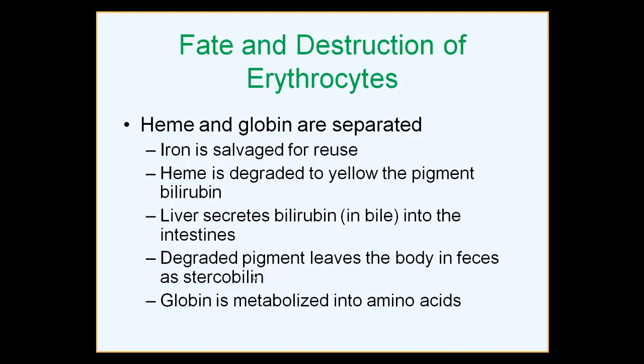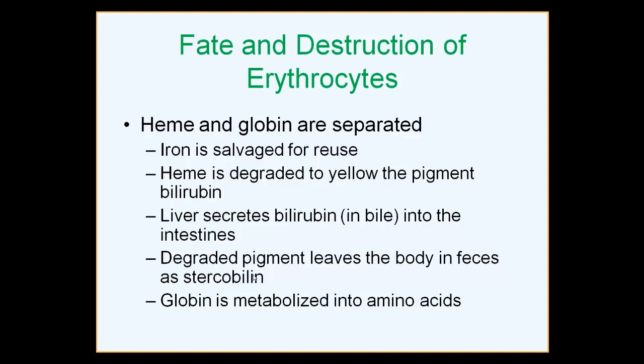We can't allow iron to roam around again, so we salvage it for reuse. We take the heme, which will be degraded to make a yellow pigment. It is immediately taken up to make this yellow pigment we call bilirubin or bilirubinogen, and the liver will secrete the bilirubin into the intestine. Bilirubinogen comes out in the urine, and then it will become bilirubin once it's exposed to oxygen.